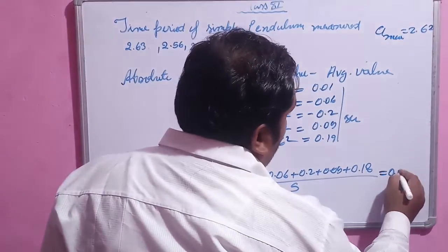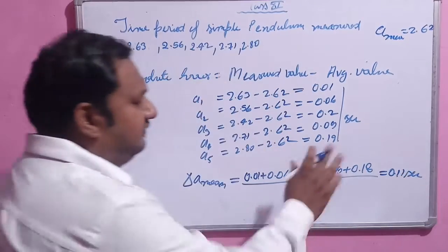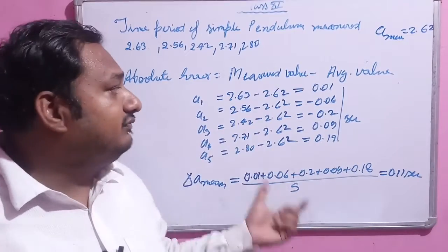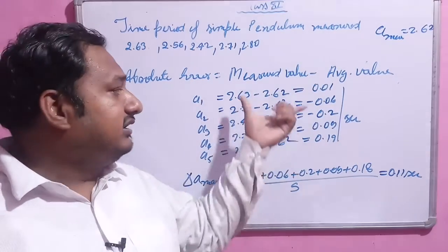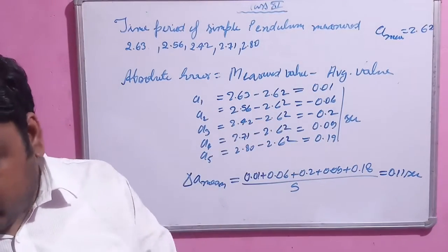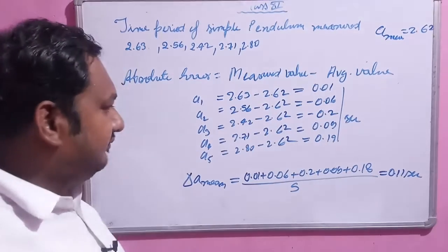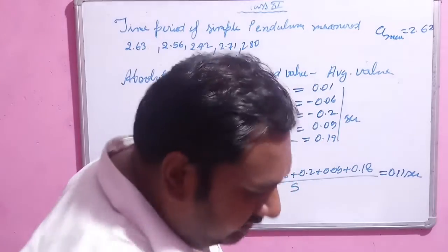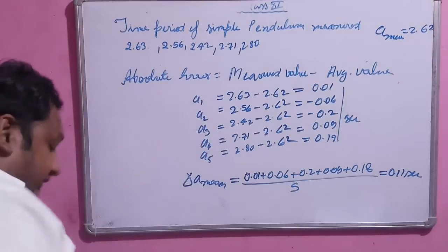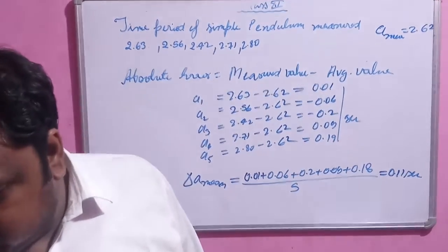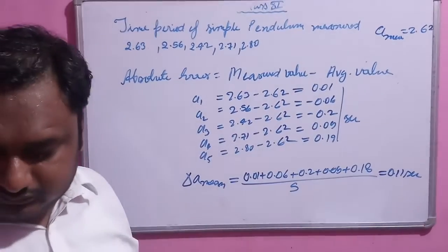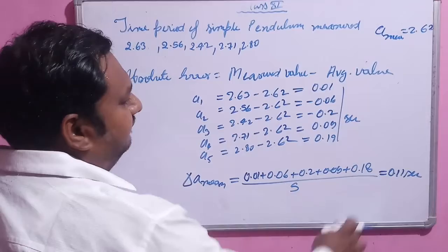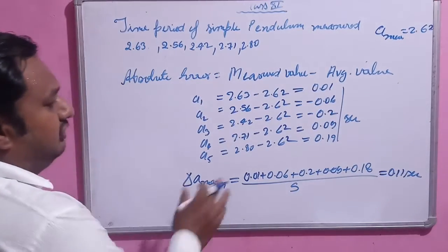This value can be regarded as the mean absolute error, because we have found the average of all absolute errors. So here we are getting 0.11 second as the mean absolute error.